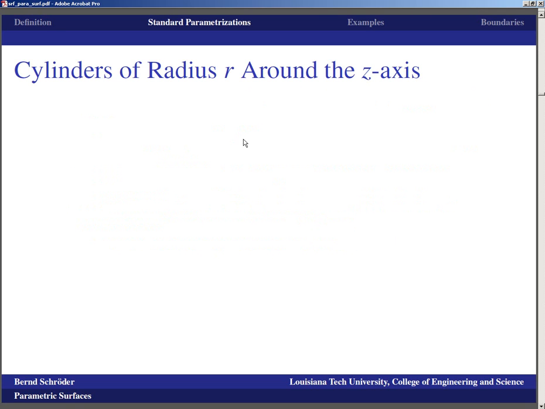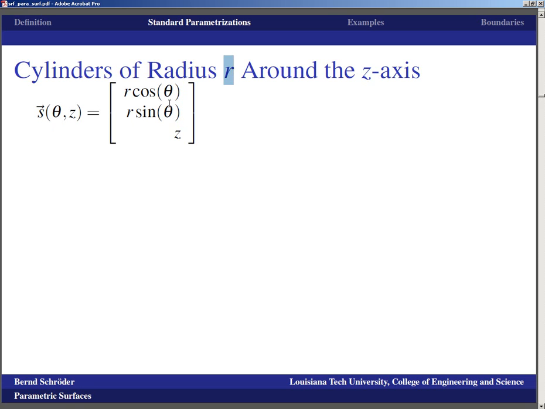Alright, so if I want to describe a cylinder of radius r around the z-axis, what would I want to do? The standard parametrization, and this is a parametrization that is worth memorizing, is surface of theta and z being r cosine theta, r sine theta, and z.